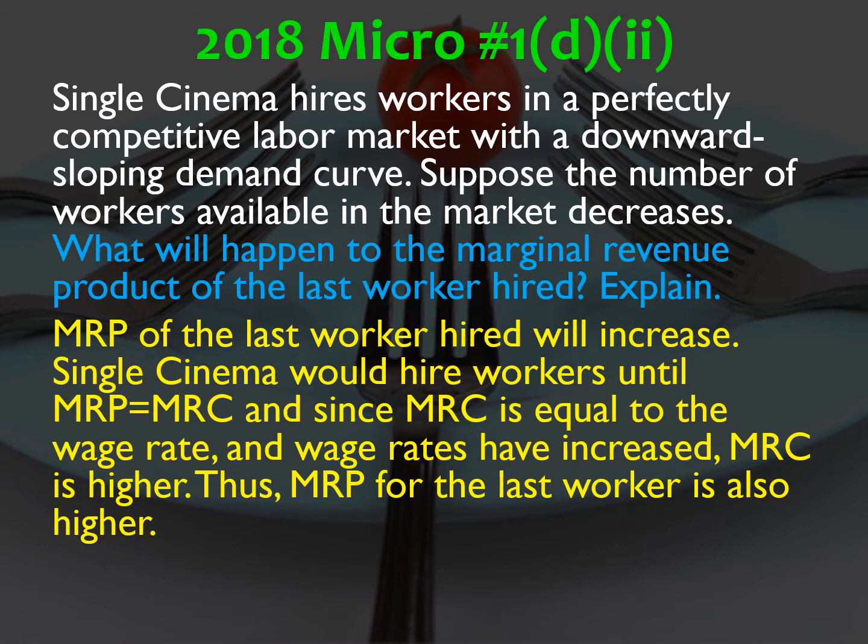Now that wage rates are higher, MRC is higher, which means there's a smaller quantity where MRP equals MRC. Therefore, the MRP for the last worker also has to be higher, because Single Cinema is likely going to hire fewer workers since MRC is higher. Remember, MRP is decreasing, and they're going to keep hiring until MRP goes below MRC.